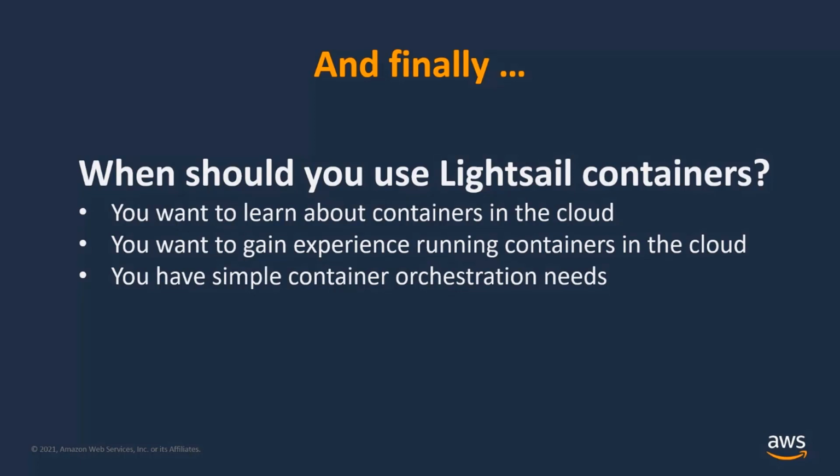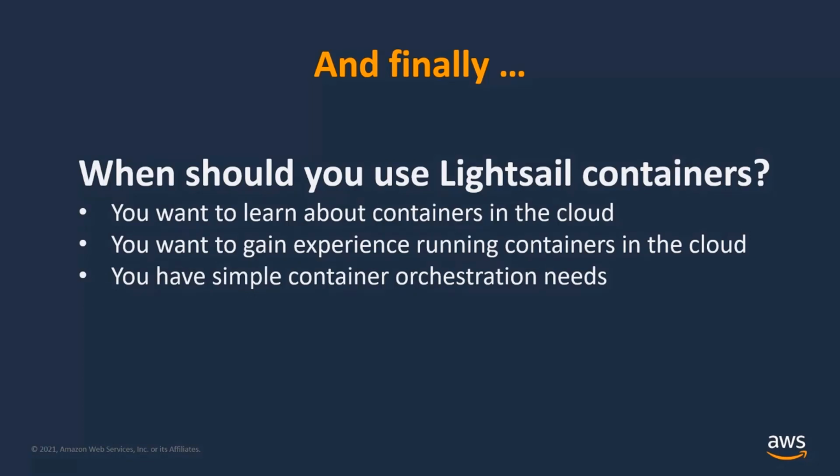You should use Elastic Kubernetes Service or Elastic Container Service, Fargate, or Beanstalk if you need advanced orchestration or you need features like Service Mesh, for example. Then you should use one of the other more full-featured services. Also, if you have specific compute needs, like you have very specific CPU or RAM combination needs for your container applications, or you require GPUs or need auto scaling, for example.